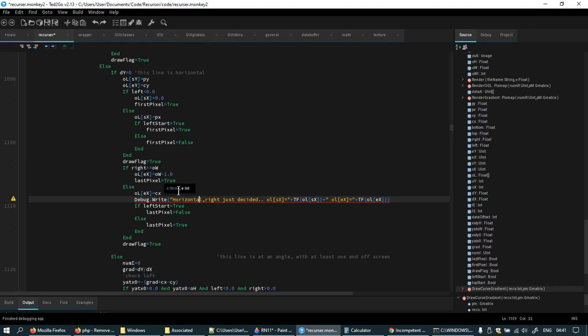Horizontal, right just decided. Now, that is a strange way of putting it. It's like not telling you what I did with the left, just that I just decided the right, and that it's on screen.